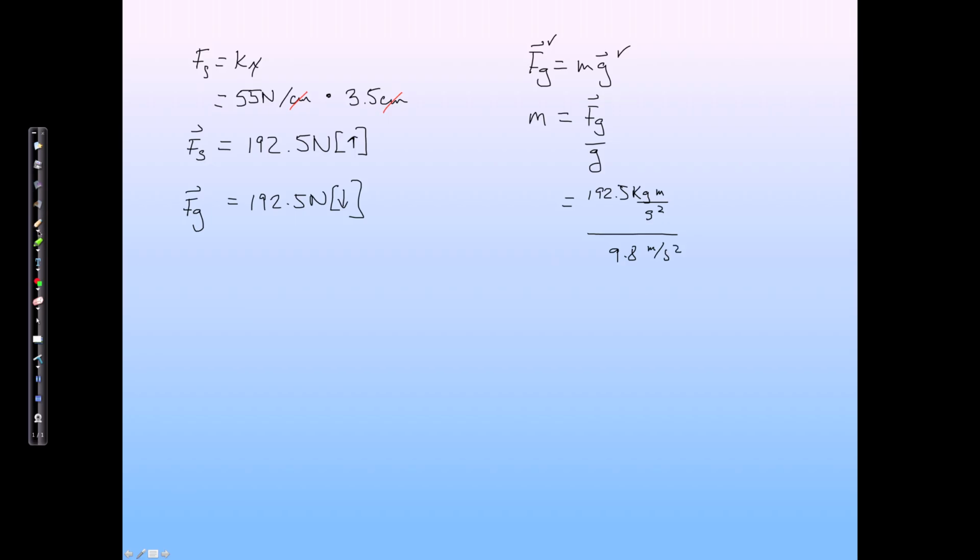Now, looking at units, second squared will cancel, meters will cancel, and we'll be left with an answer in kilograms, which is completely appropriate since we're looking for a mass. So mass will equal that, and that works out to 19.6 kg.